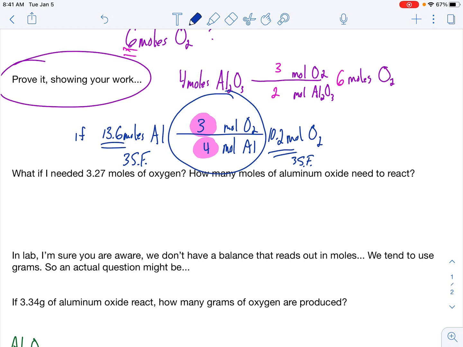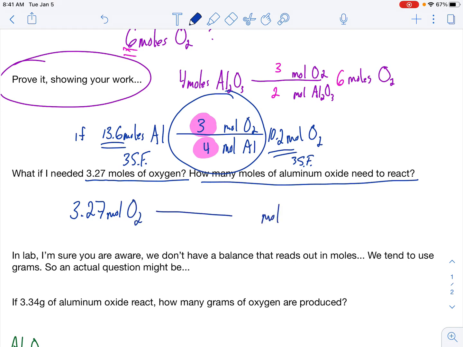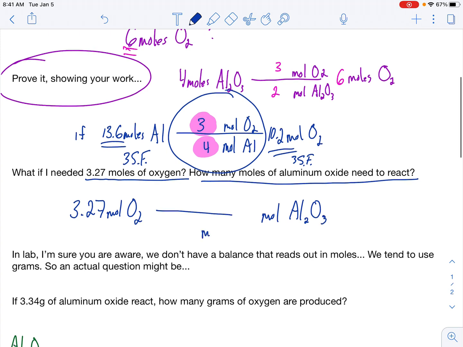Now, we have one more practice problem here. Get you guys rolling. You should probably pause right now and try this one on your own. If I needed 3.27 moles of oxygen, how many moles of aluminum oxide would need to react? Okay, so now I'm starting with 3.27 moles of oxygen, and it's asking about moles of aluminum oxide. All right, well, moles of oxygen goes on bottom, moles of aluminum oxide goes up on top.